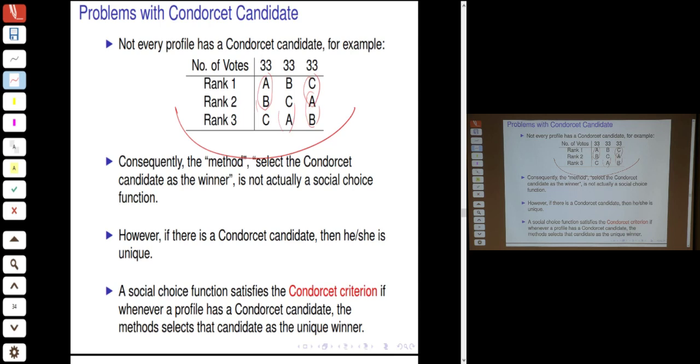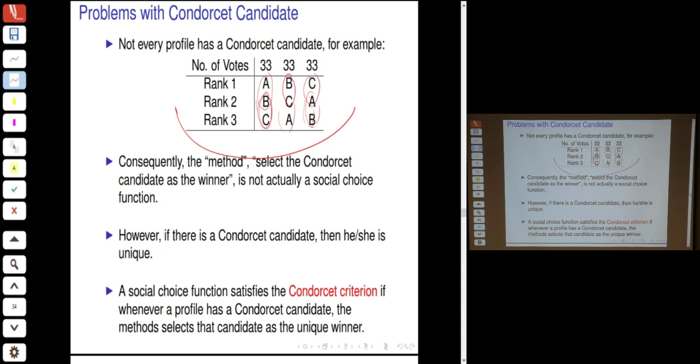Similarly, if you look at B, then B is beating C in head-to-head matchups, but if you compare A and B, then A is beating B. So A beats B, but fails to beat C, B beats C, but fails to beat A. So none of A and B are the Condorcet winners.